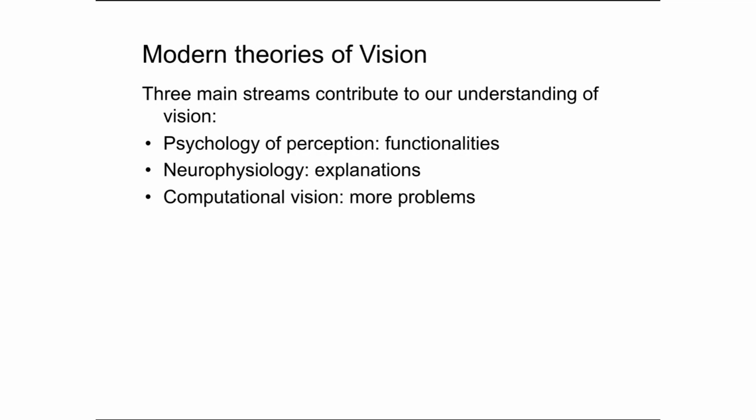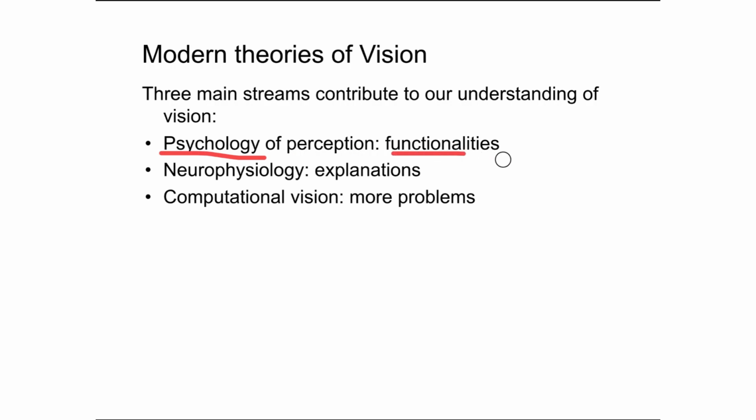When it comes to modern theories of vision, so far we have been talking about biological vision, of course, but also the different views of vision by different philosophers or scientists. But when we come to the modern theories of vision, three main streams contribute to our understanding of vision. The first one is psychology of perception, more of a behavioral, functionality-based definition of vision.